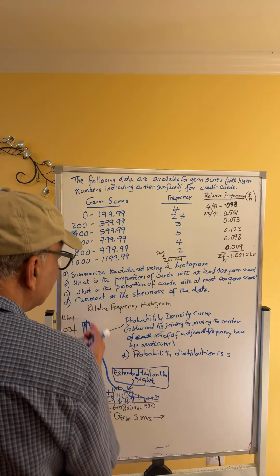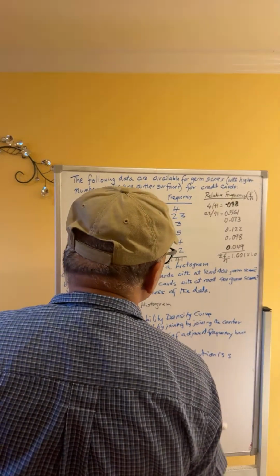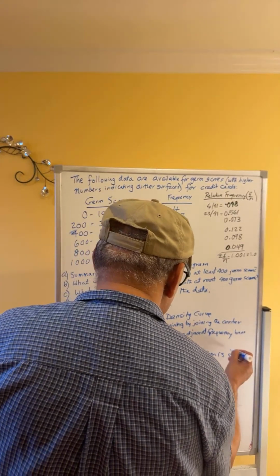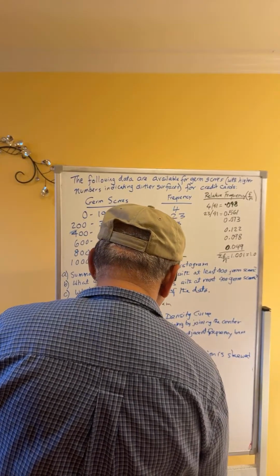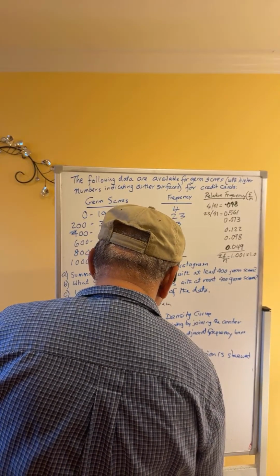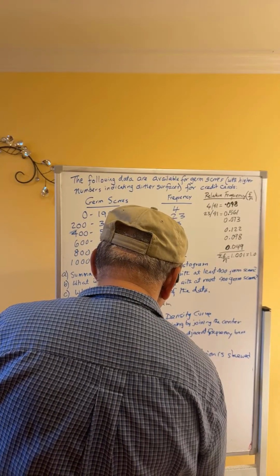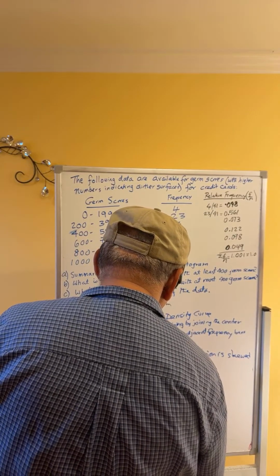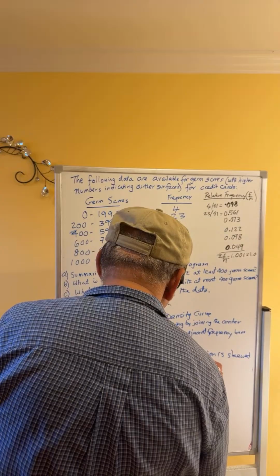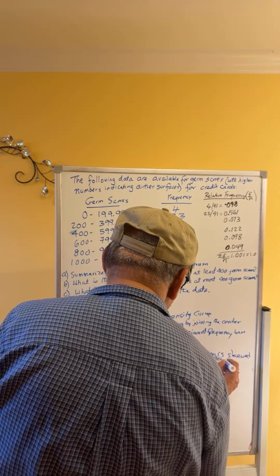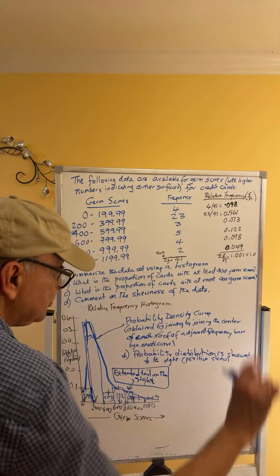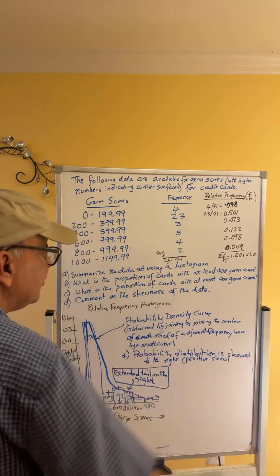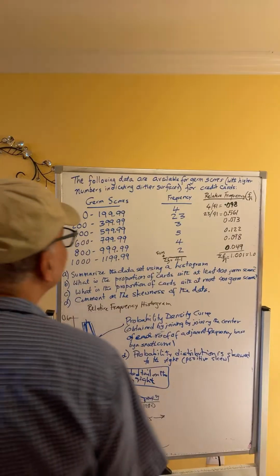This is the class with the highest relative frequency. It is skewed to the right, sometimes called positive skew. That means the center may be on the left, but there are many large numbers with small relative frequencies, so you have an extended tail on the right.